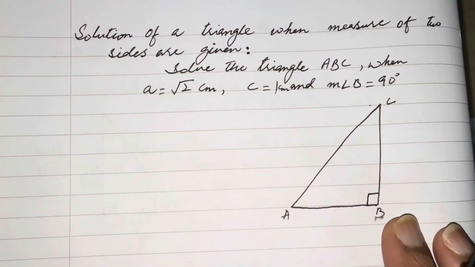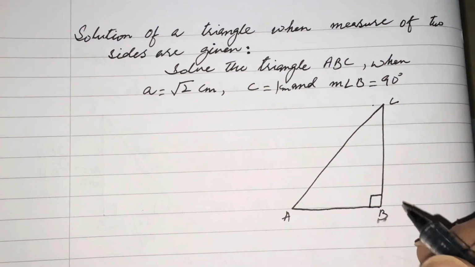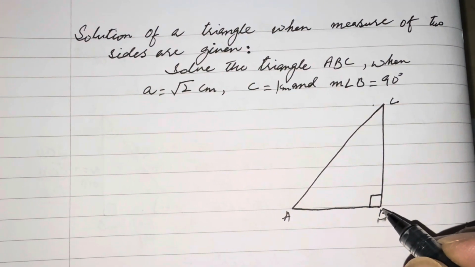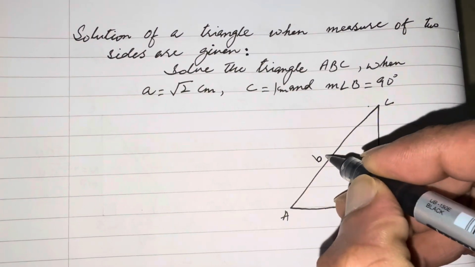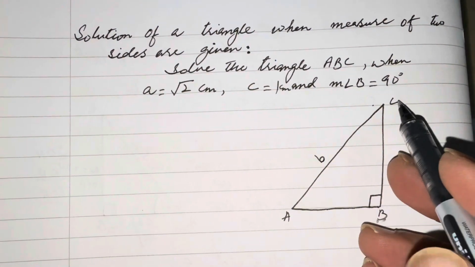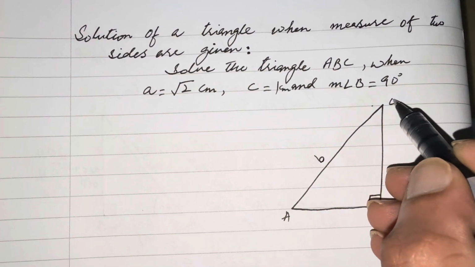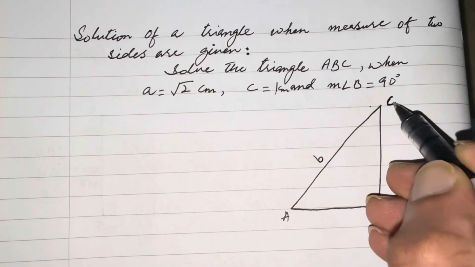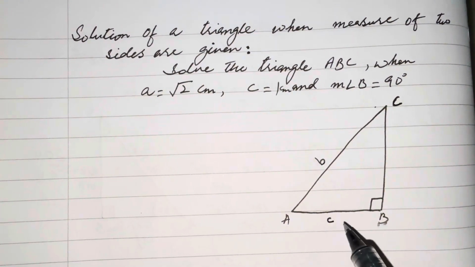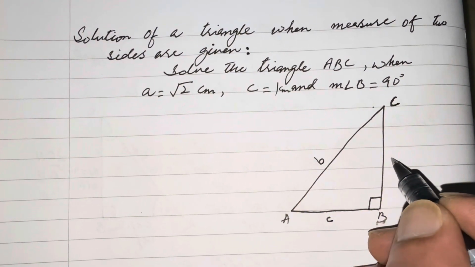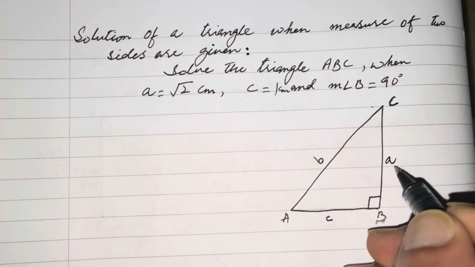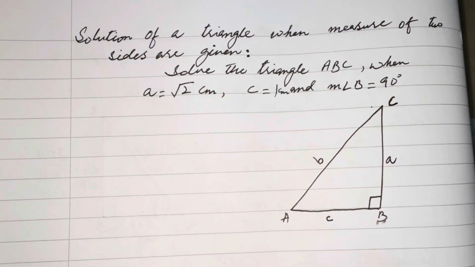So the opposite side to the angle B is small b, the opposite side of the angle C is small c, and the side opposite angle A is shown with small letter a.